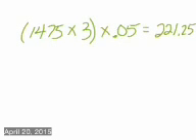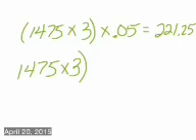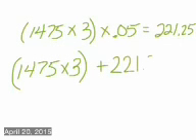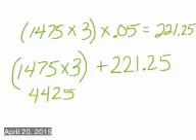Yeah, and that's for the usage tax. That is not the total rental, that's just the tax part of it. Then, to figure out the total rental, I need to know what 1475 is times 3, and once we know that, we add to it the 221.25. So what's 4425 plus 221.25?